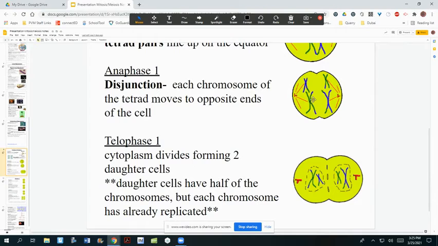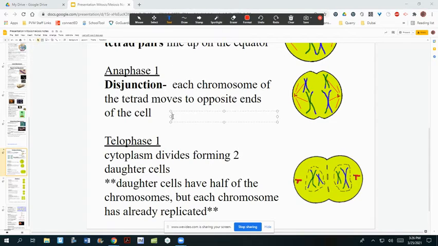That brings me to that separation, which is called disjunction. There's a disorder that can occur called non-disjunction, and that can lead to different genetic disorders like Down syndrome, when chromosomes don't separate properly and you end up with extra copies.